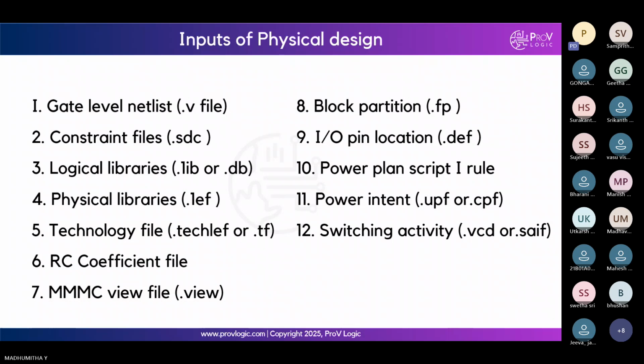Based on the switching activity of the cells, the power requirement of our block and the current rating of our metal layers, we use certain formulas to come up with the width of these stripes. This width will differ for each block. If you want the formula, I can share it in the WhatsApp group after this demo session.